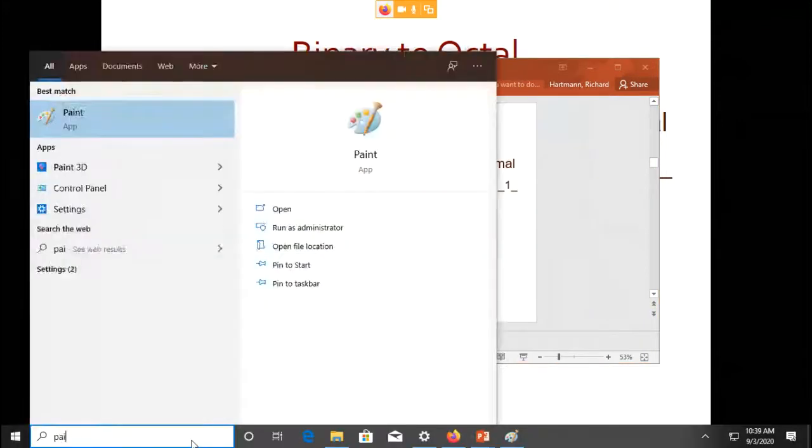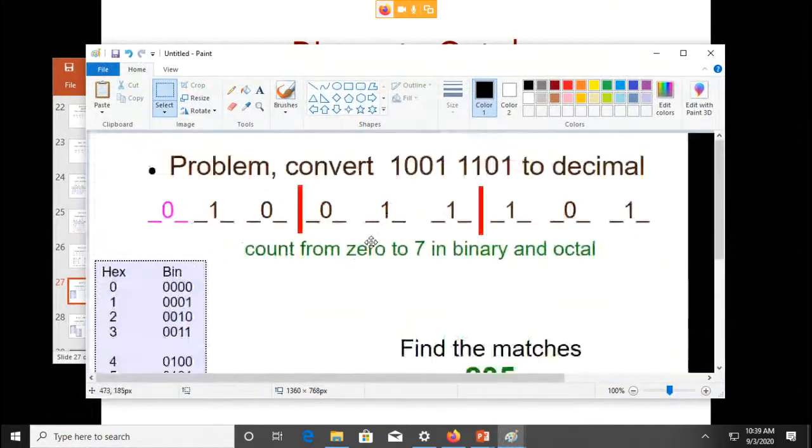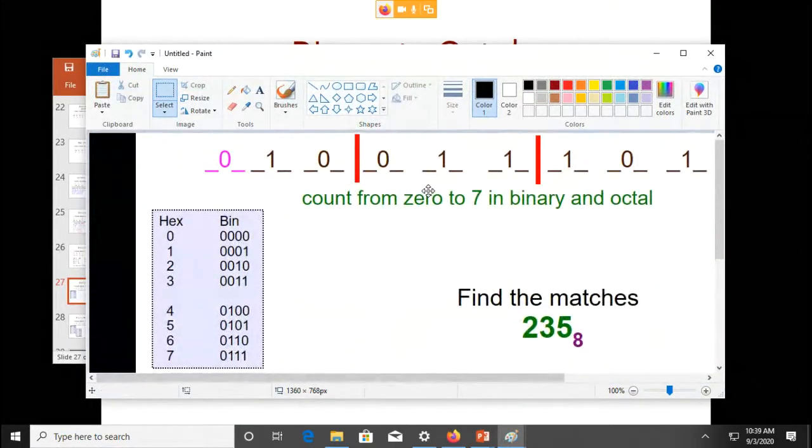All right, so if you take octal, the octal numbering system means that you use symbols 0 through 7, which means that you have a one-to-one relationship with 3 binary bits.